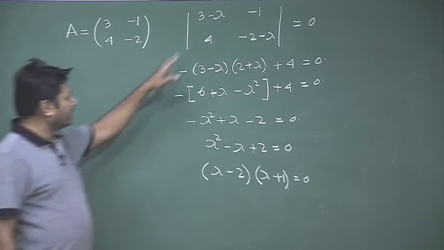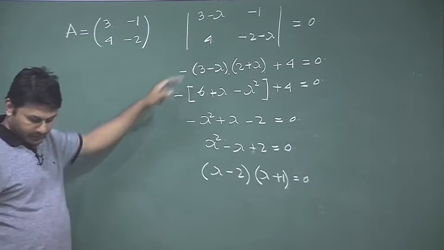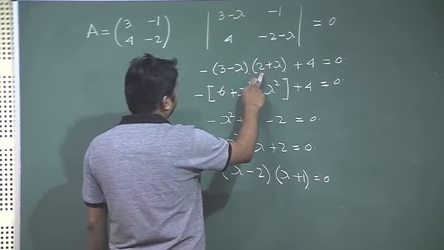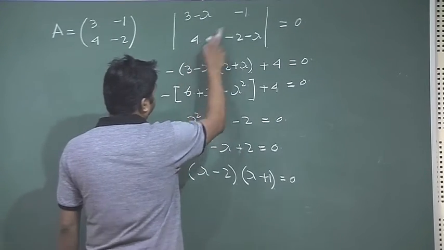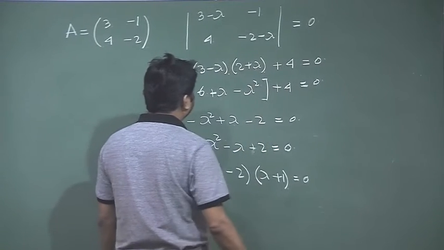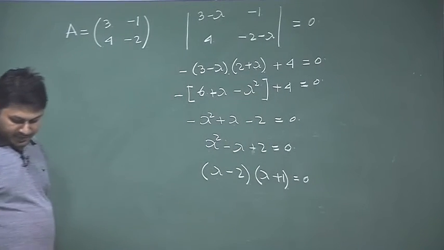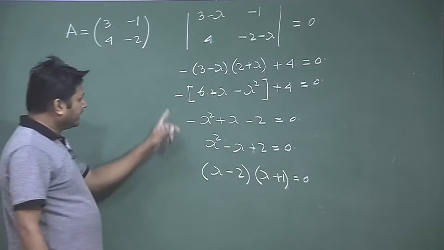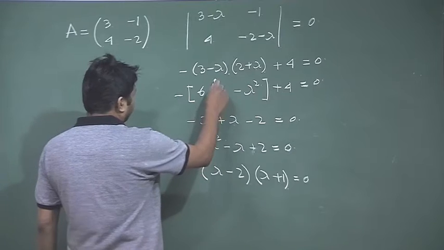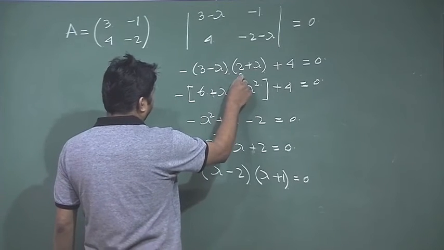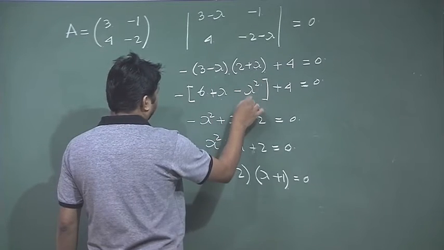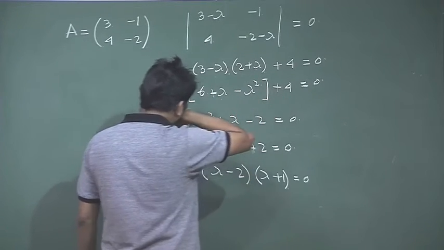So it is (3 - lambda)(2 + lambda) with a negative sign, fine, and then multiply. So this is a minus, so there should be a plus sign here. Then minus 6, minus 2 lambda and plus 3 lambda, so 1 lambda is here, and minus lambda square plus 4.